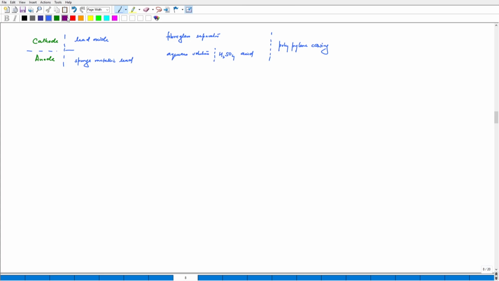Now we'll look at the material distribution in a lead acid battery. So we have polypropylene, we've just seen the casing is polypropylene, and other plastics.